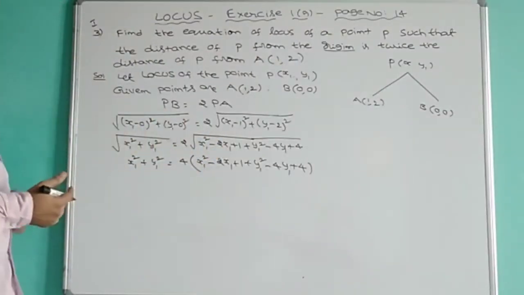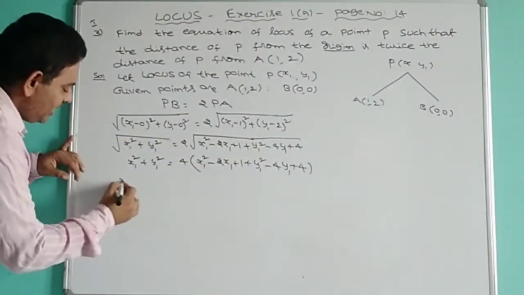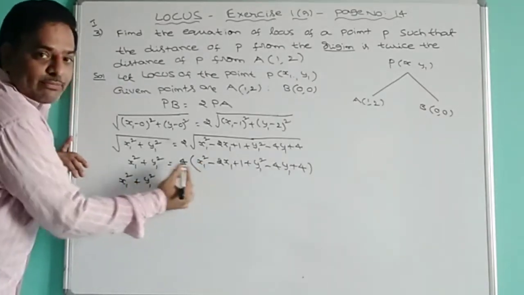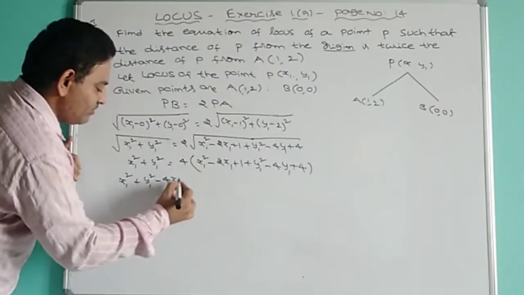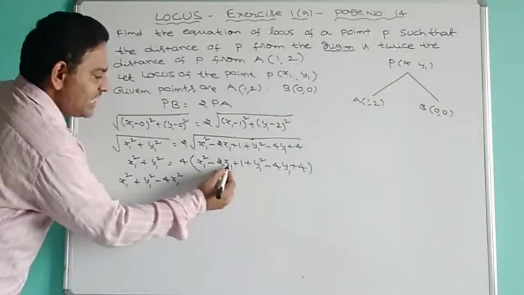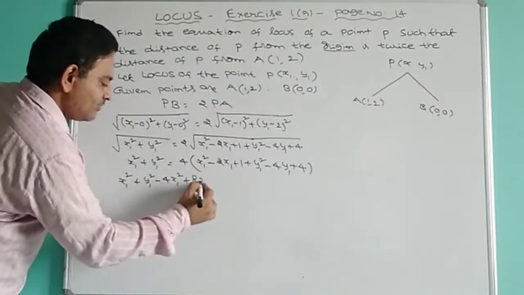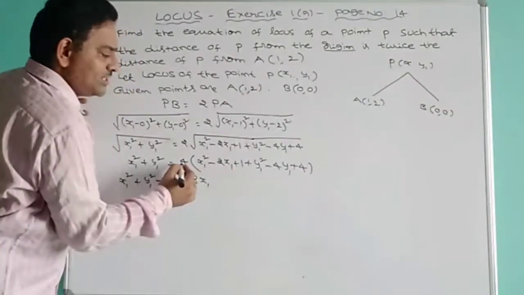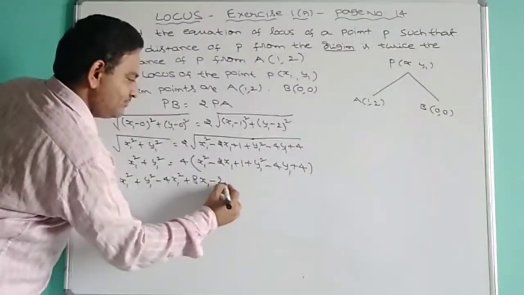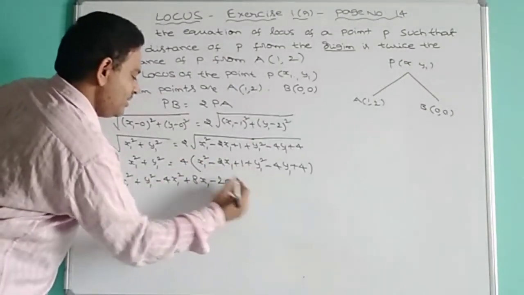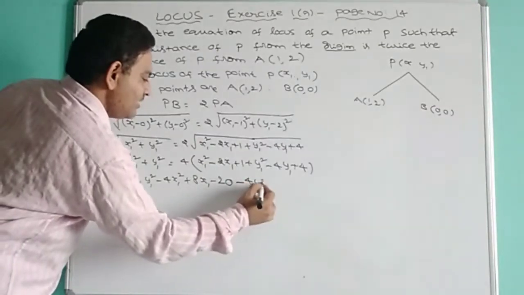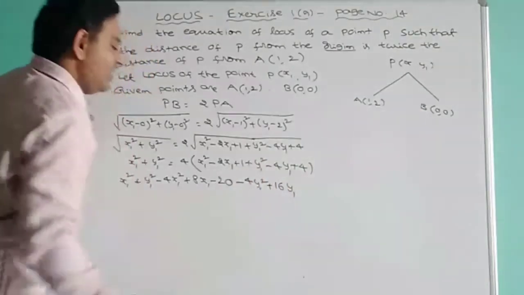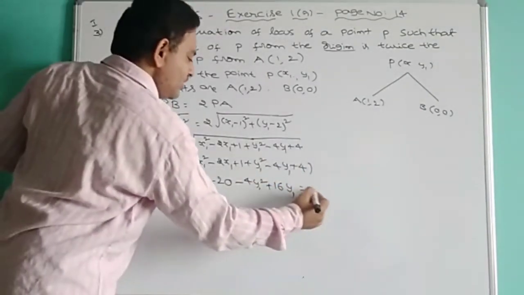Take all values to one side: x1 square plus y1 square minus 4x1 square plus 8x1 minus 4 minus 4y1 square plus 16y1 minus 16, so that is 5... 4 5s are 20, minus 20, 4 4s are 16, so 16y1 equals 0.